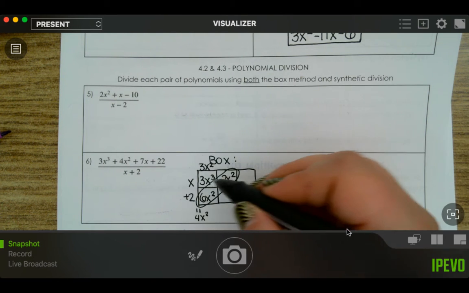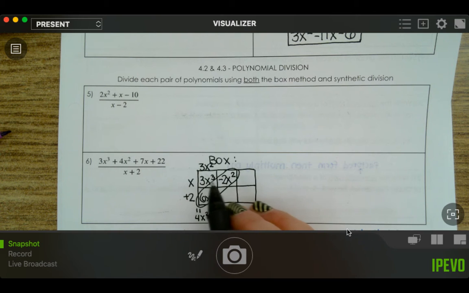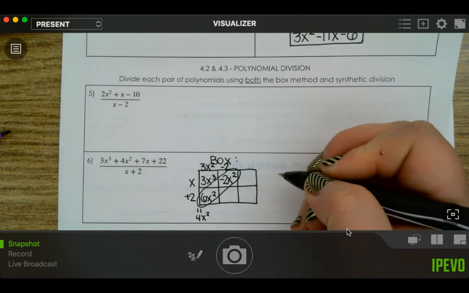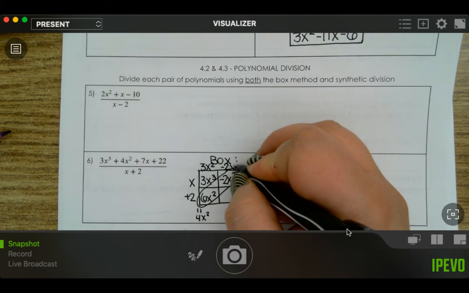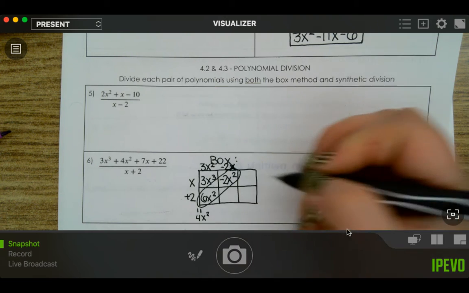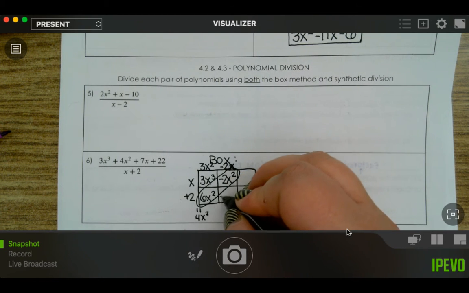Then I do the same thing I did over here to get the 3x squared. x times what is negative 2x squared? Well, you need the negative 2 in front, and then x times x makes x squared. And then negative 2x times 2 is negative 4x.